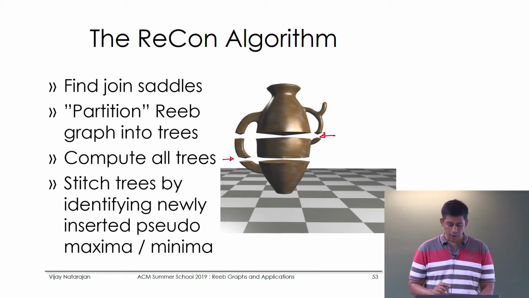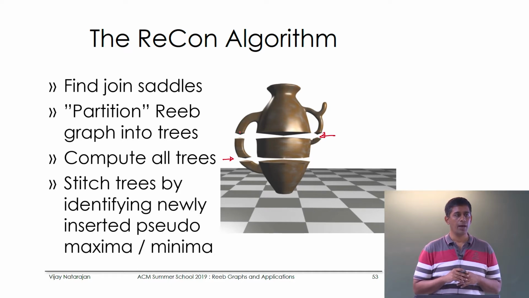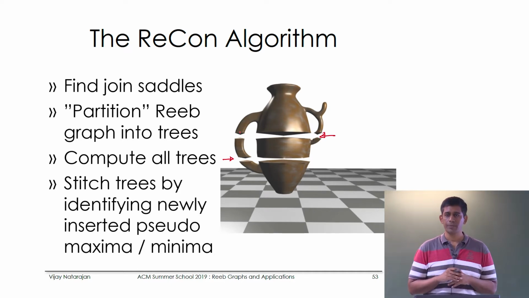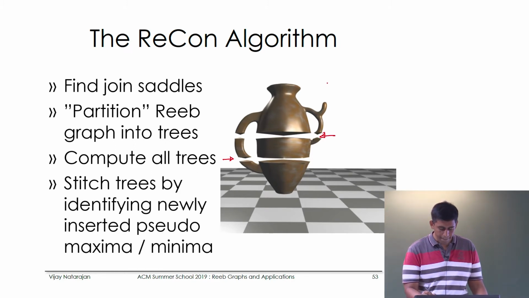Now, if you see every subdomain, it is all simply connected. They all look like spheres, there are no loops. I can individually process them, compute the contour tree. The question is, how do I put them together? So, let us look at the first guy.